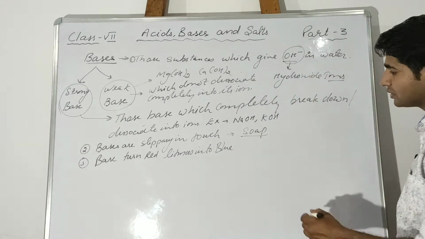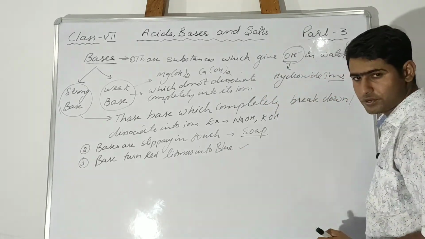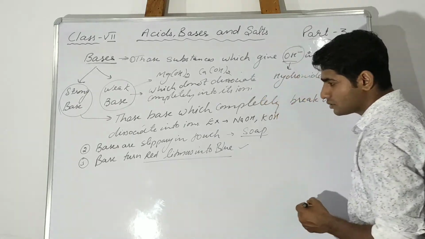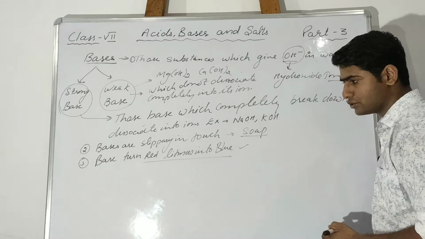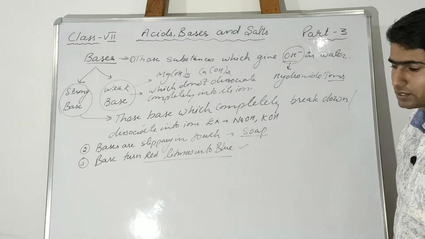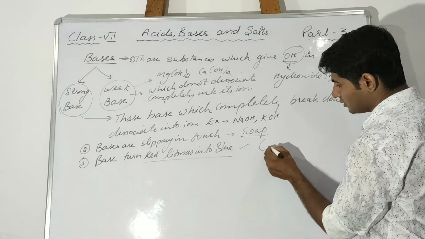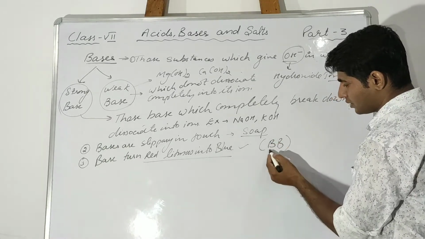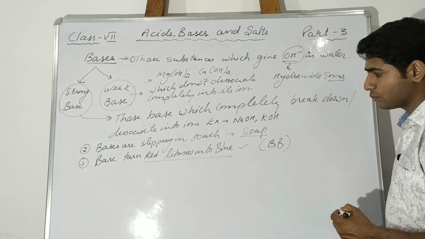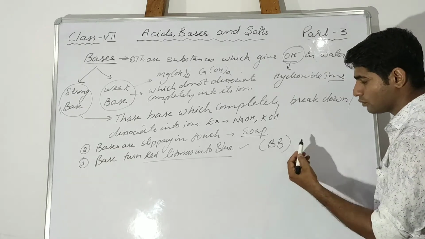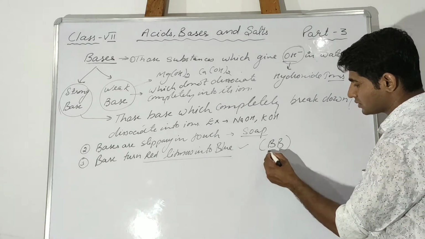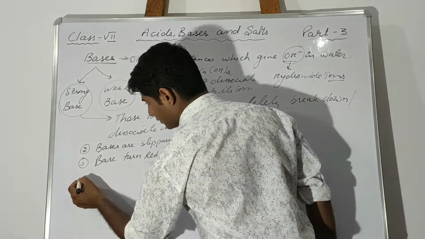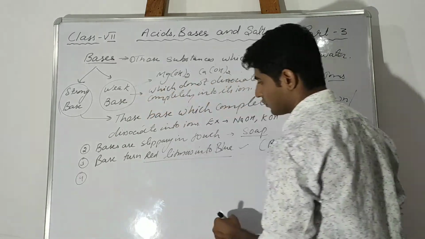So this we already discussed in our first video of this chapter, in indicators, that if red litmus changes into blue, that means the substance is base. So we can learn like this. Remember easily by B and B: B for base and B for blue. So base means blue. Like this we can learn an easy trick about the change of red litmus into blue.